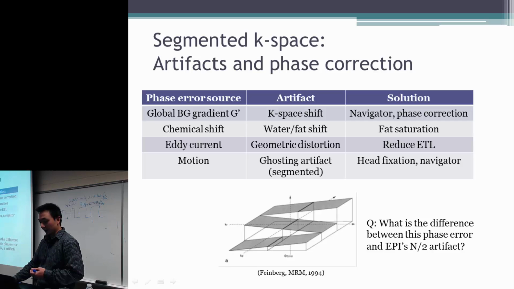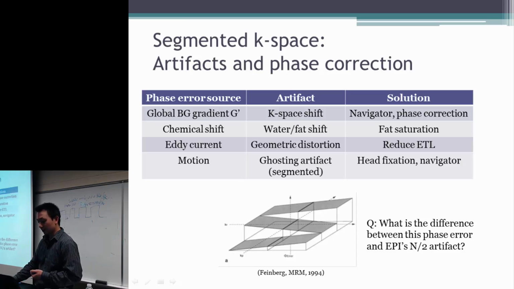Okay, so here is what's shown if we collect the EPI in the segmented k-space. So we can see that for different segments, there can be some kind of phase difference, which will lead to ghosting artifacts.